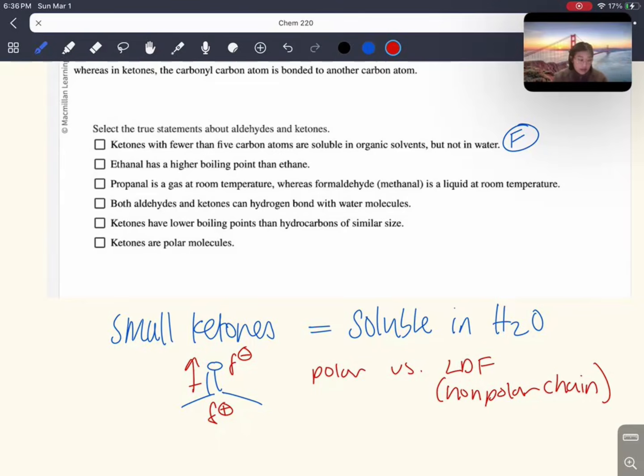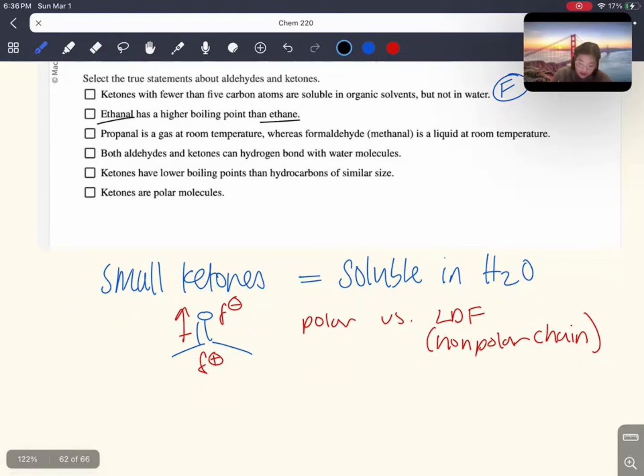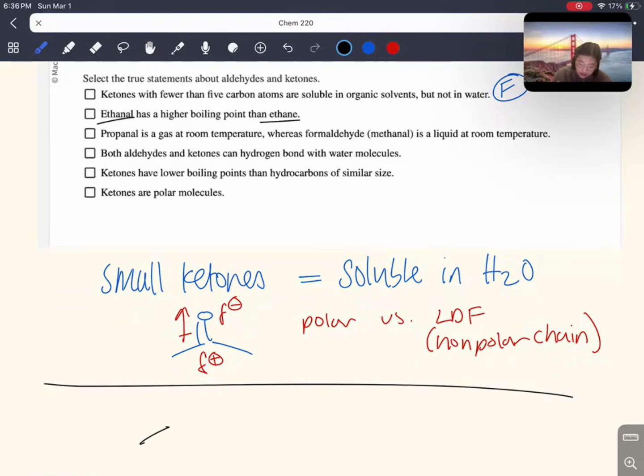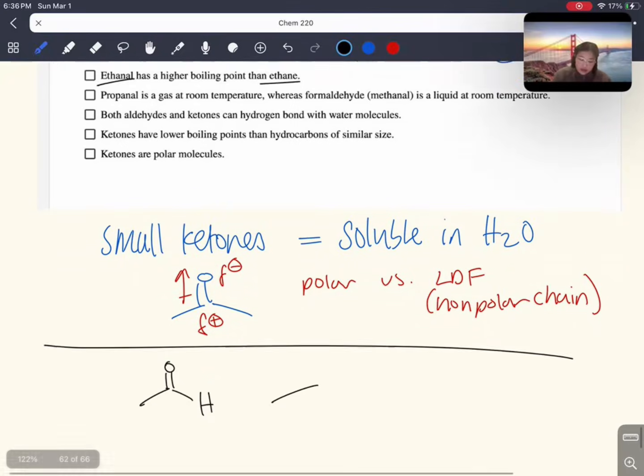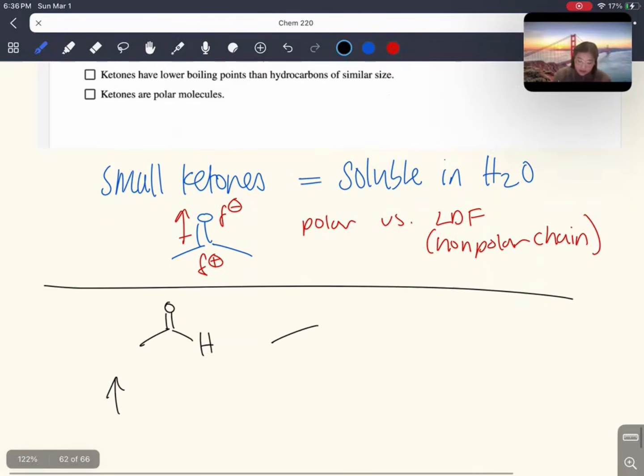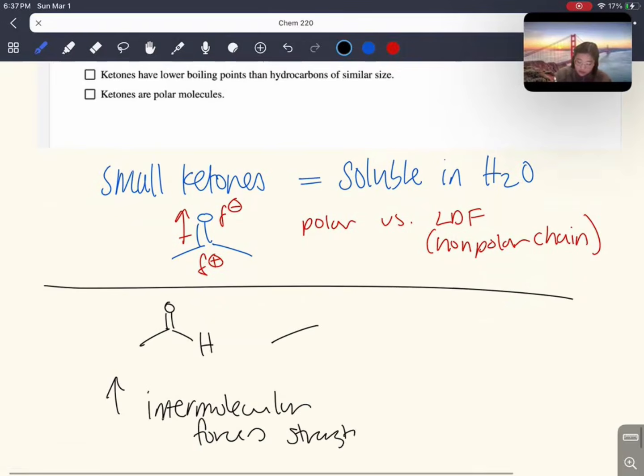The second statement is ethanal has a higher boiling point than ethane. So ethanal looks like this. It's an aldehyde with 2 carbons, versus ethane which is just 2 carbons. And so what do you know about higher boiling points? Increased intermolecular forces strength equals increased boiling point.